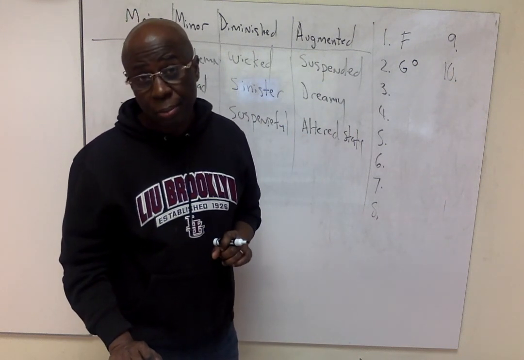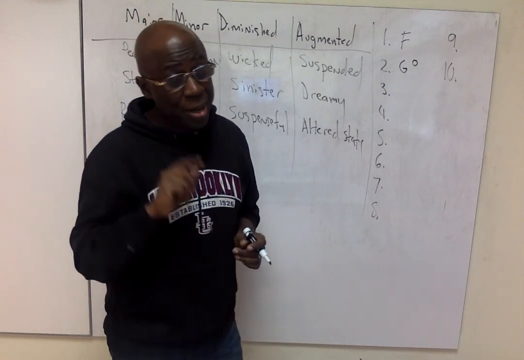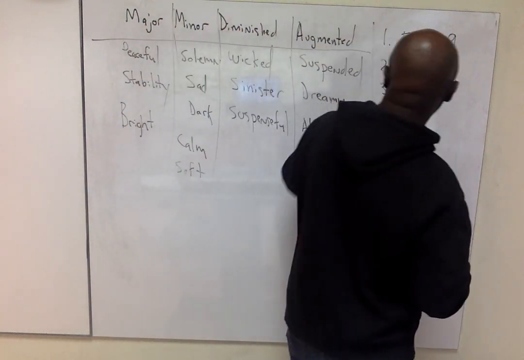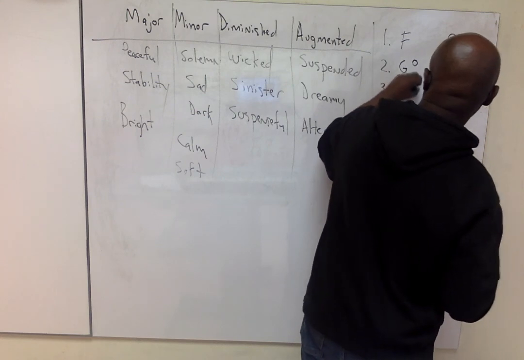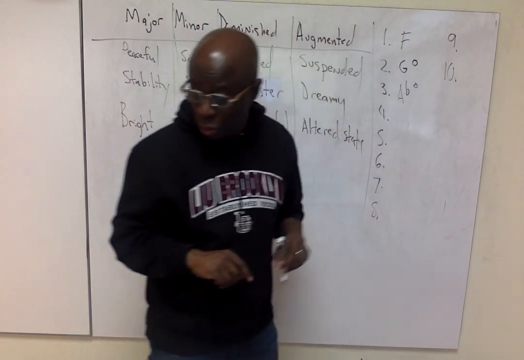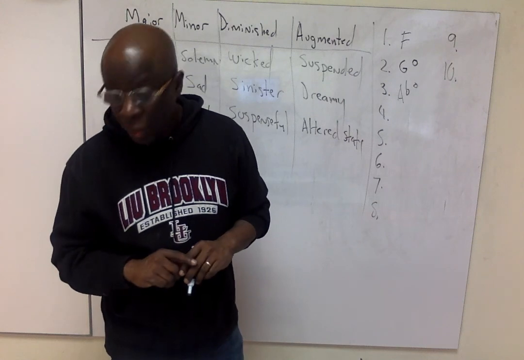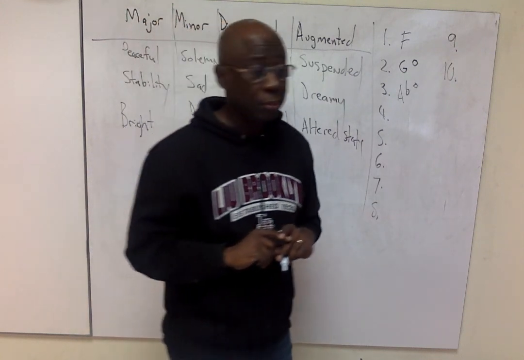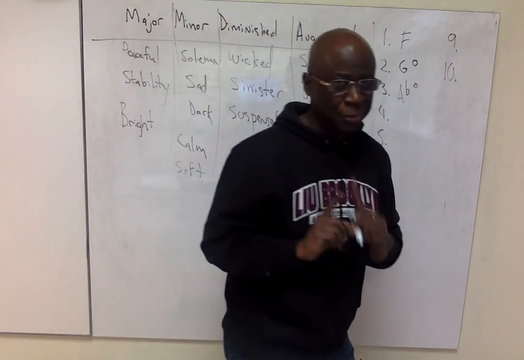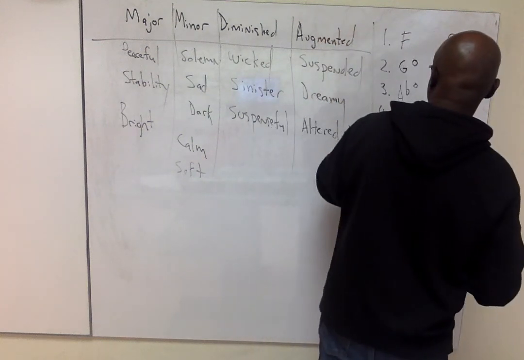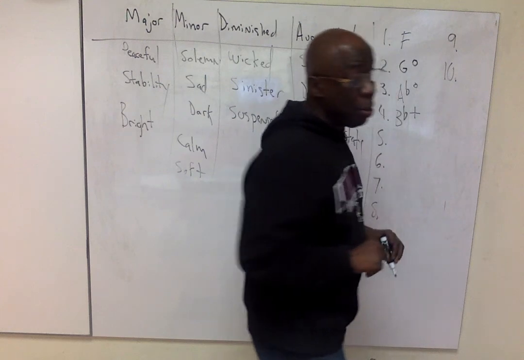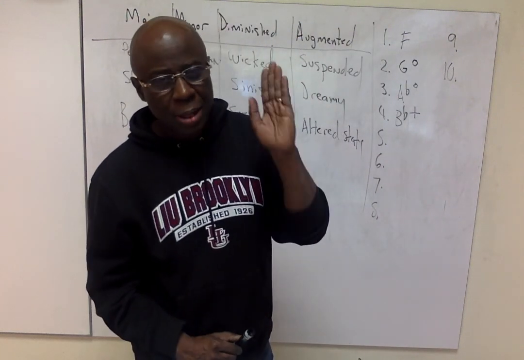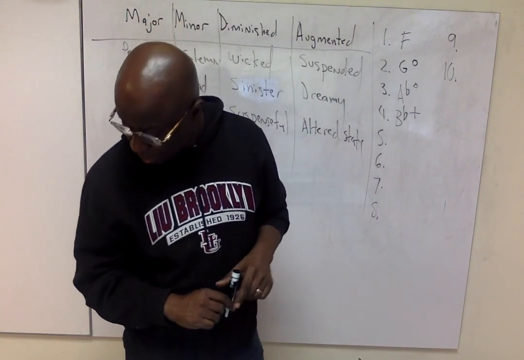Number three, another diminished, A flat diminished. Again, the diminished has the small circle. Number four, augmented, B flat augmented. Remember, augmented has the plus sign, all right?